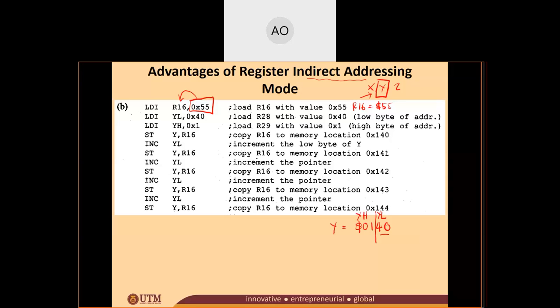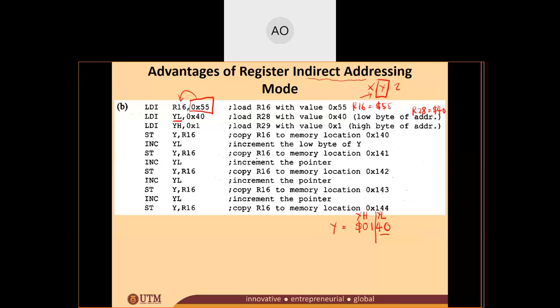So what happens after you execute this instruction is your R28 will have the value 40. And LDI YH 0X1.